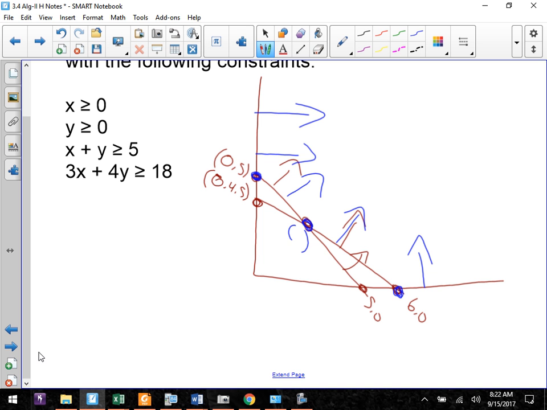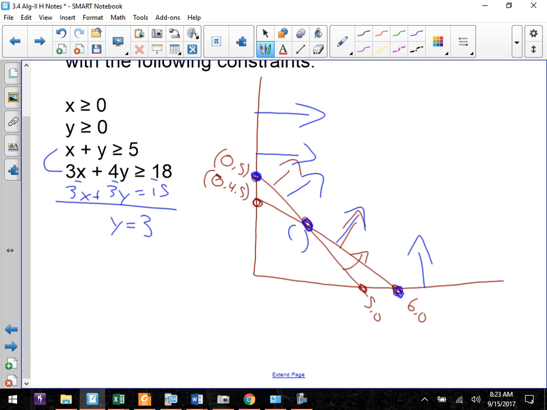So if I'm solving that system of equations, I'll probably just multiply the top one by 3. So I'll get 3x plus 3y is 15. And now remember, when I'm solving the system, treat it like a regular equality. Don't worry about the inequality portion. So I just subtract all those through, and I get y equals 3.